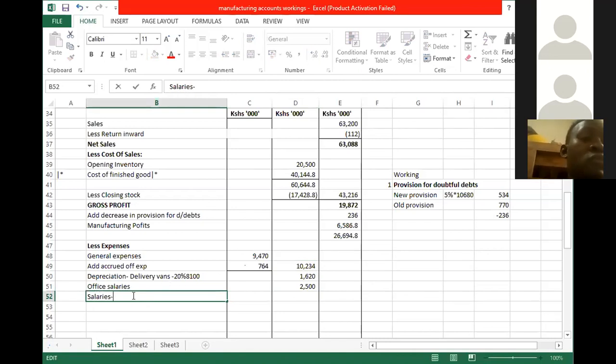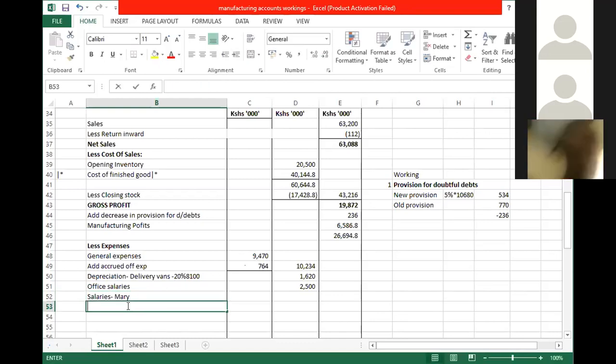We have salary for Mary. Is it Mary? And we have salaries for Caro. Caro, if there is anybody called Caro, we want to pay you some salary here. We have those salaries.